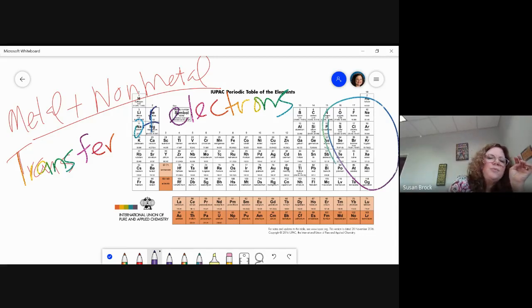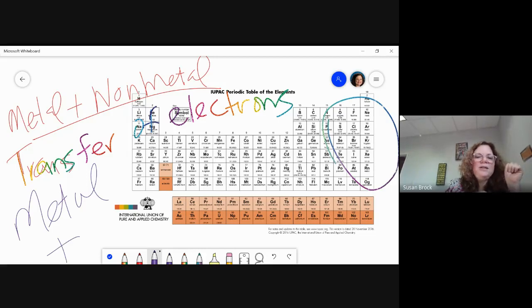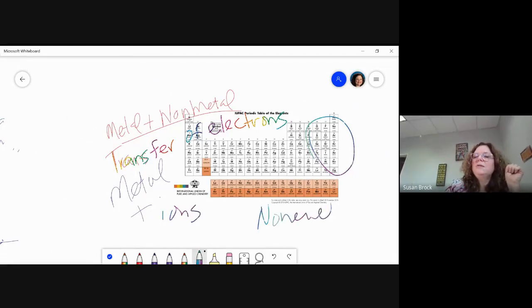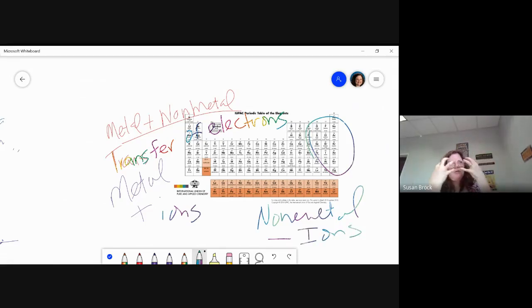what happens is the metals form positive ions, and the nonmetals form negative ions because the nonmetals take the electron away from the metal.